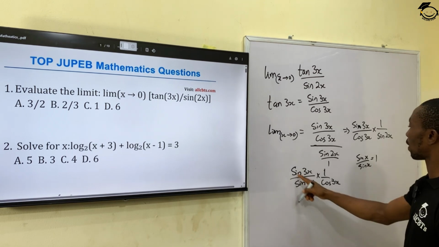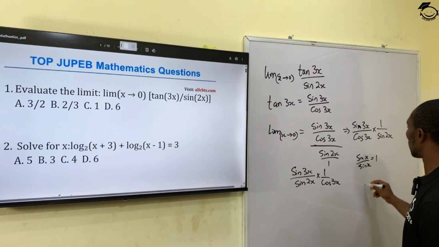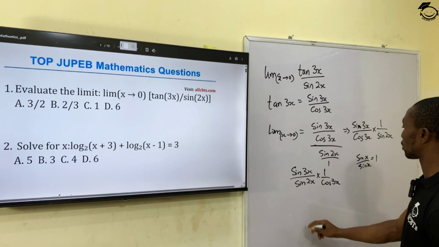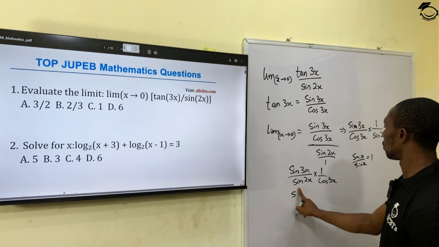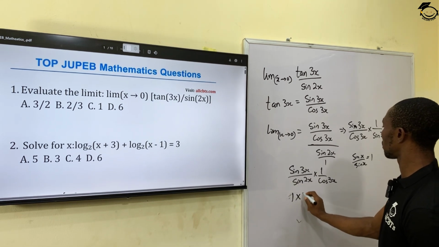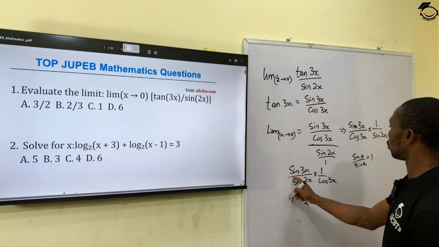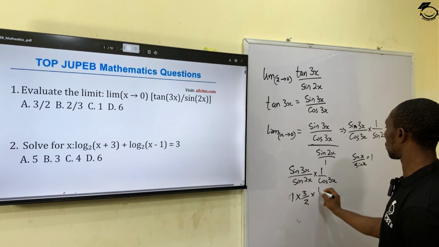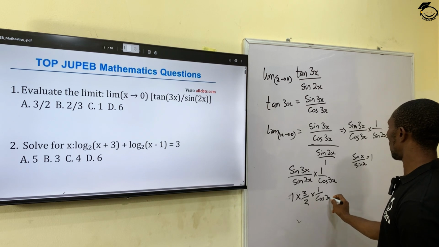So we can rewrite this to be 1 times 3 over 2, times 1 over cos 3x.